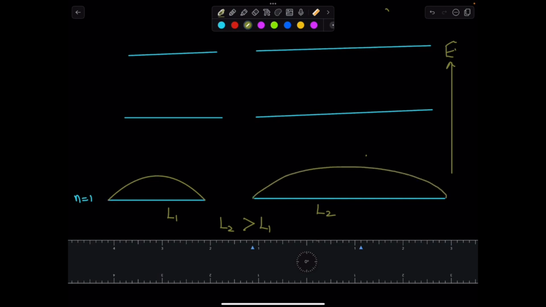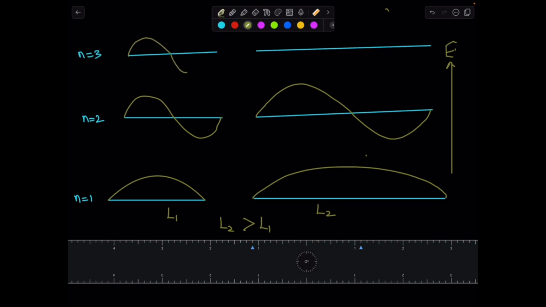If you come to n is equal to 2, it will have 1 node, so that will look like this for L1, and for L2 it will be like this. Similarly, for n is equal to 3, you have 2 nodes, so it will be like this, and here, like this.